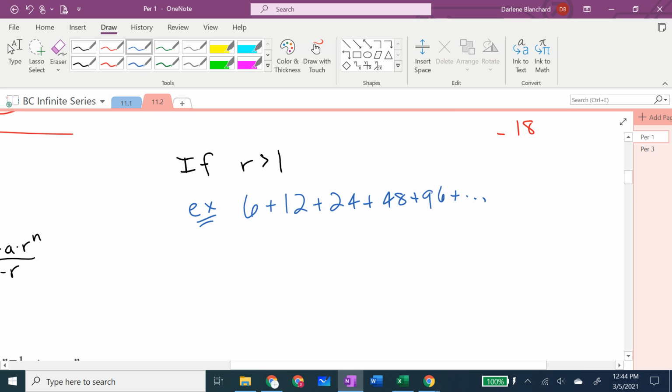Now, if I do this forever and then I add them all together, can you logically see there is no way this is unbounded? This is heading to infinity. And do you feel comfortable saying that if r is greater than 1, then you have a diverging geometric series?